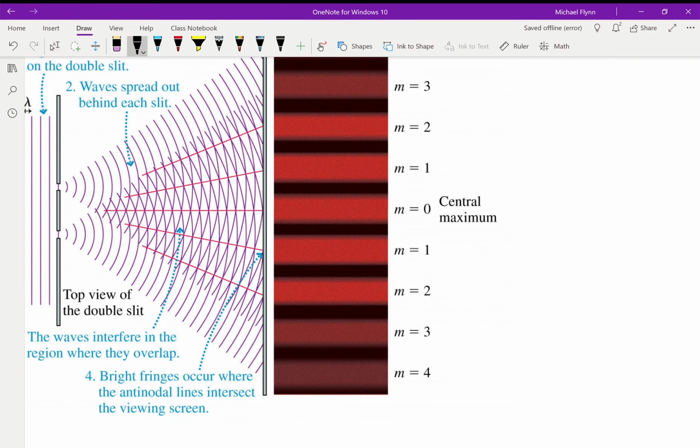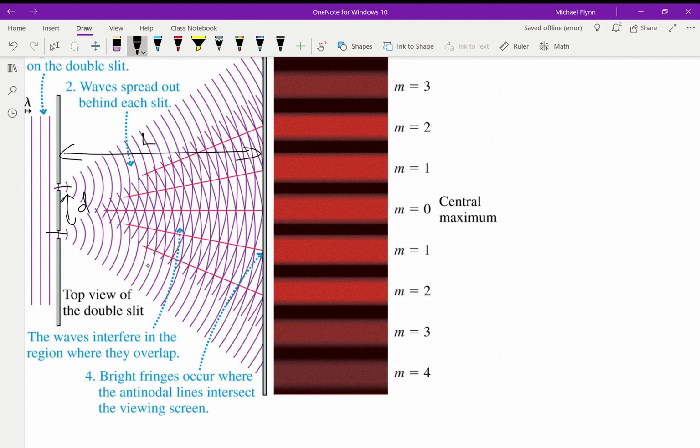So let's just get a couple things straight. L is the distance from the slits to the wall, okay? So we call this distance L. D is the distance between the two slits. So that distance there is D, okay, between these two things.